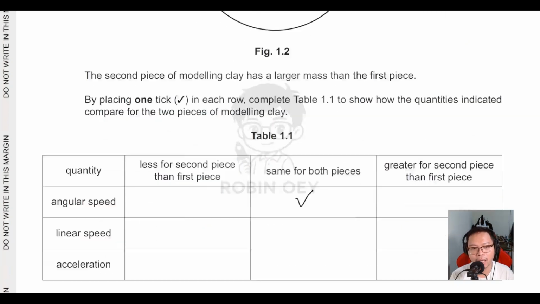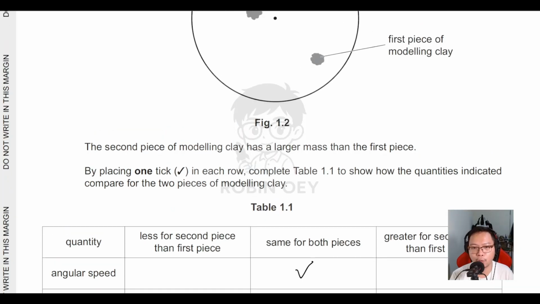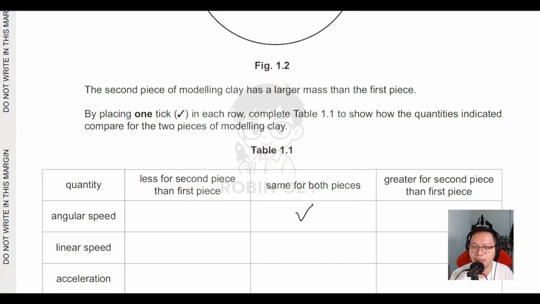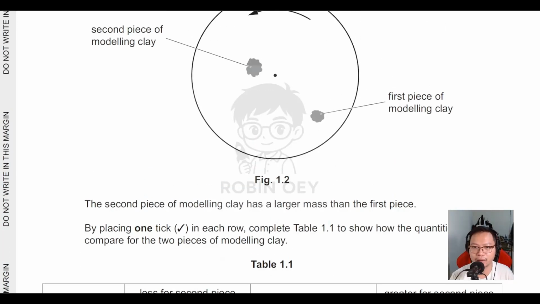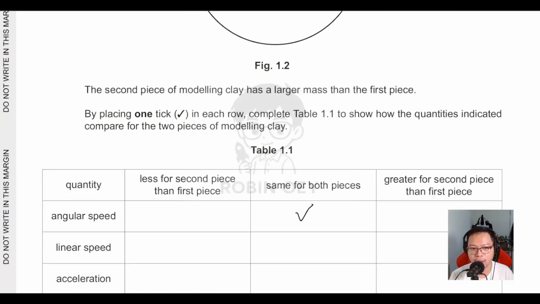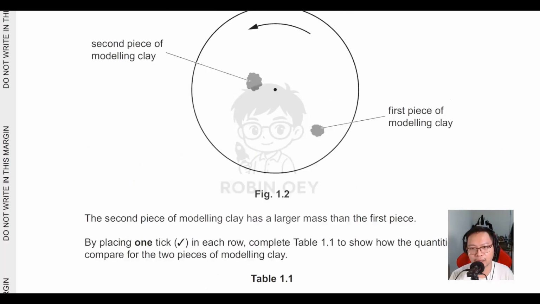Then the linear speed actually depends on the radius. Meaning that if the radius decreases, then the linear speed will decrease as well. In this case, the first piece of modeling clay is here, the second is here, so the radius of the second would be lesser than the first one.